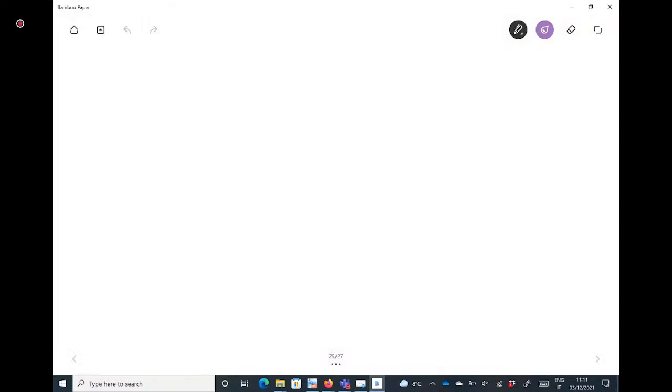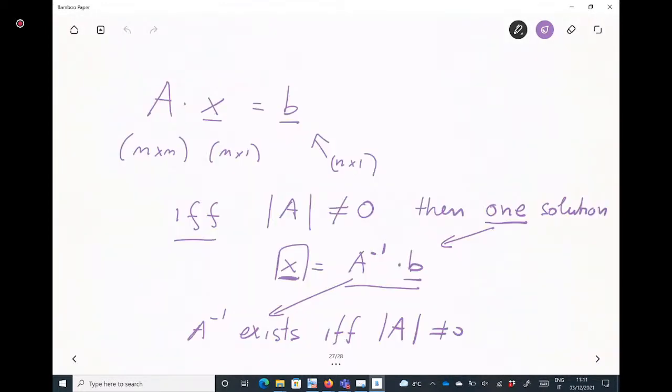Now, it's clear that A inverse is a matrix which has the same dimension of A, n by n, and it exists if the determinant is different from 0. You multiply it by B, and you get a vector.